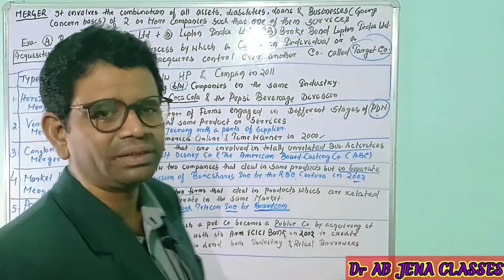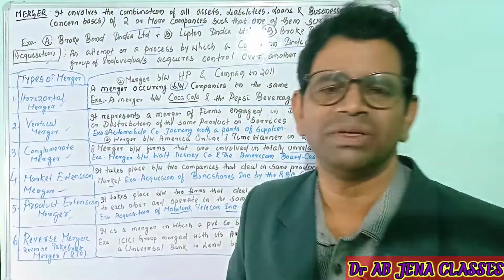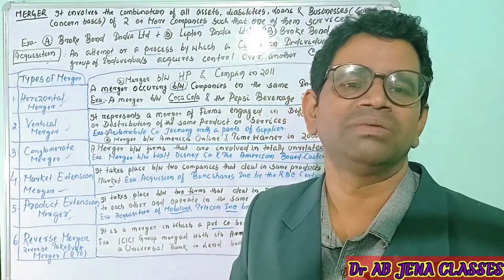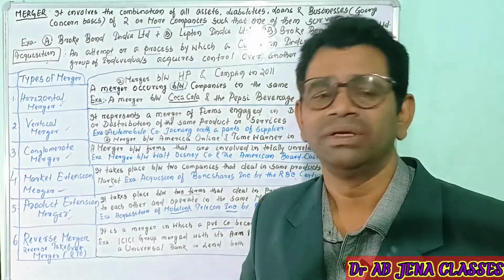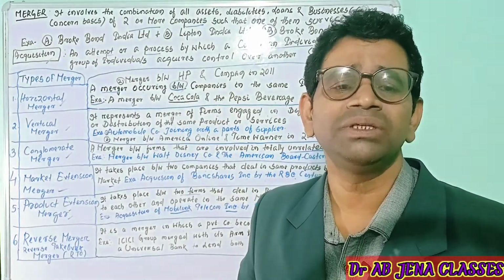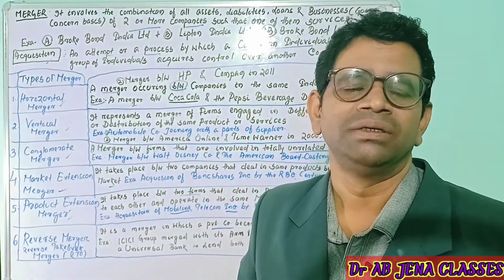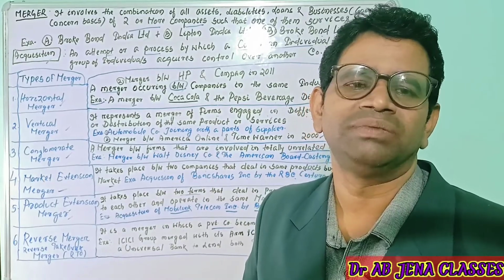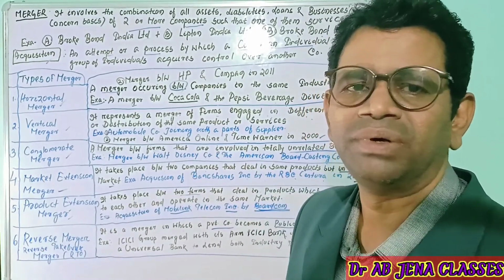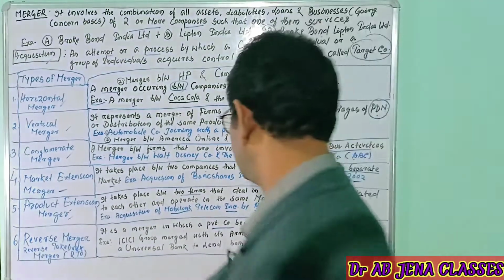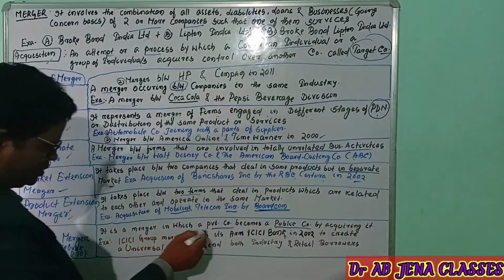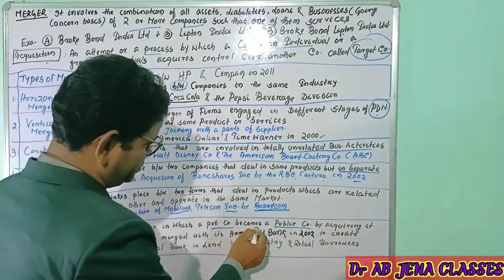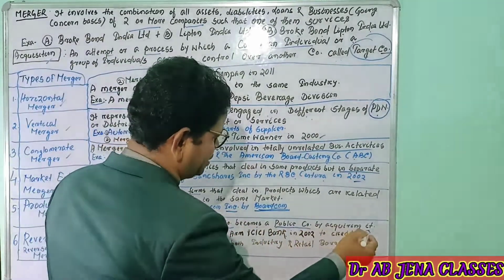We have already discussed the meaning of a private company and a public company, and the basic difference between them. So I am requesting all of you, kindly see what is the basic difference between the private company and the public company. So a reverse merger is a merger in which a private company becomes a public company by acquiring it.